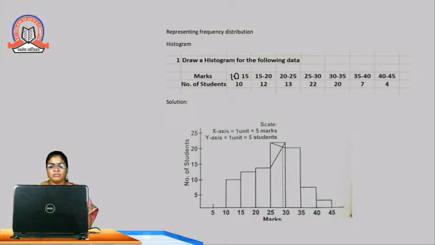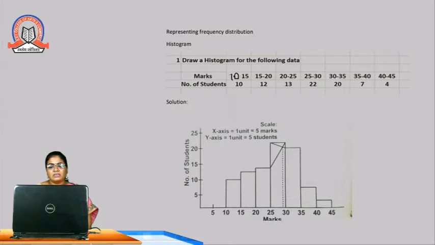Next 15 to 20 is 12, 20 to 25 is 13, 25 to 30 is 22, 30 to 35 is 20; we are plotting all the points. At last, the maximum height is 22, which is in the range 25 to 30.